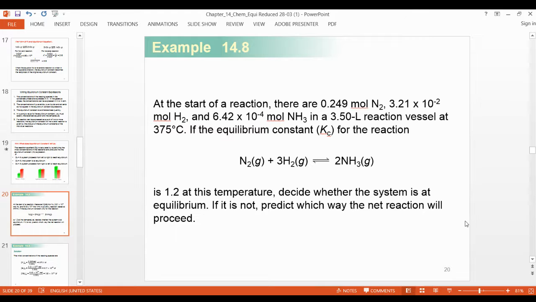Molarity. But here one thing you look at: all these gases are contained in 3.5 liters. So is it the molarity, moles per liter? What do you do?